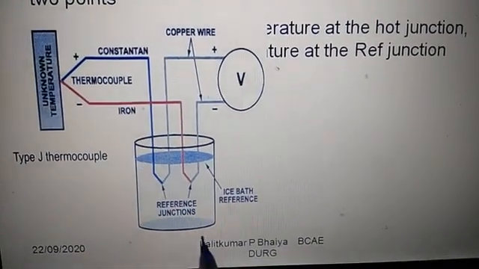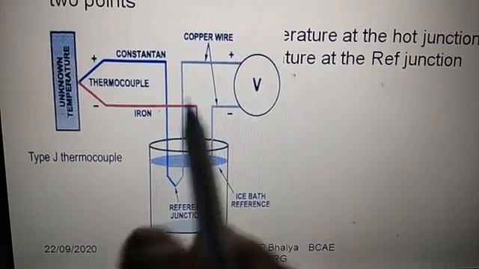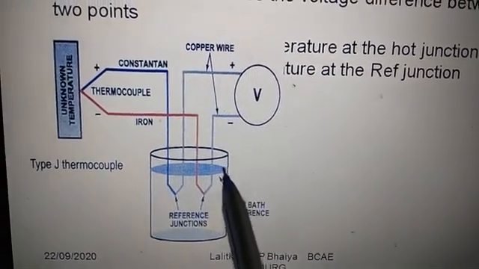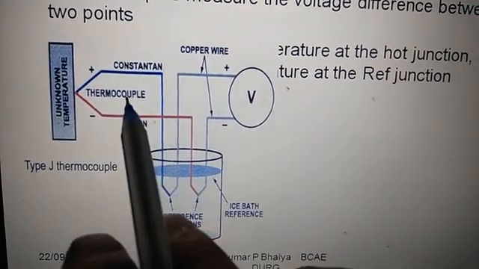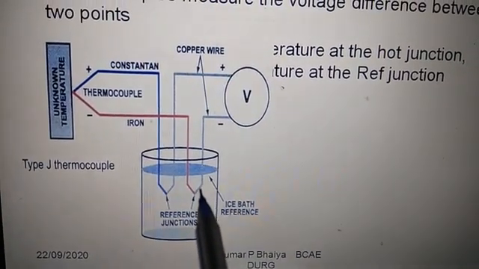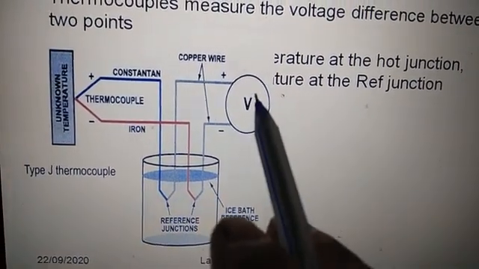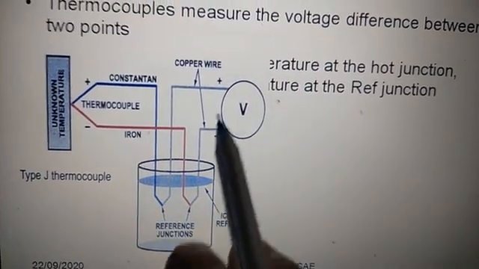And here you can see the reference junction, which is the ice bath. A type J thermocouple is used here, and this is the reference junction ice bath. The difference between these two will be available as the voltage measured by the voltmeter here.